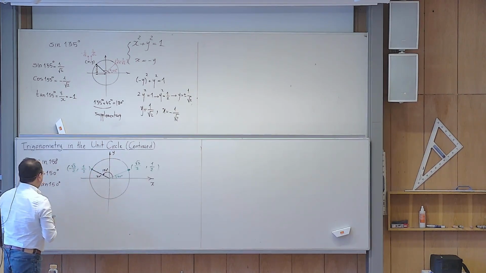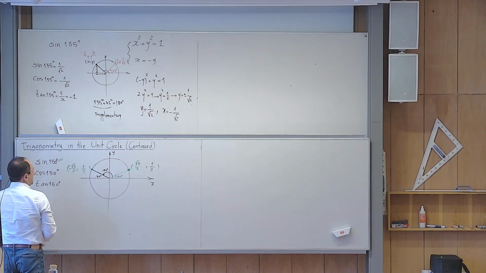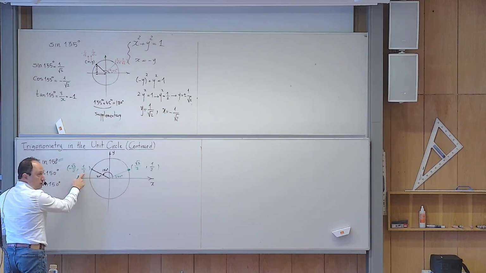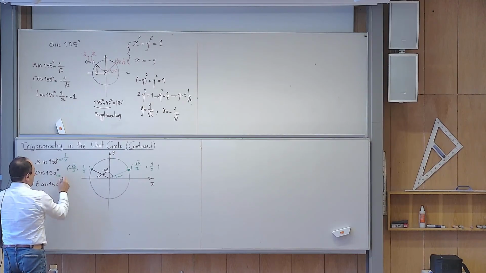Okay? So now if I ask you what this number is, sine is related to the y coordinate. So it is 1/2. And if I ask you what this number is, what's the answer? Minus square root of 3 over 2. And if I ask you what this number is, I have to divide the y value by the x value.